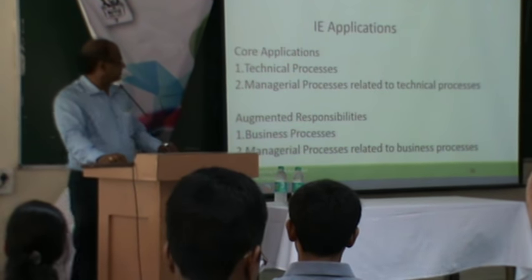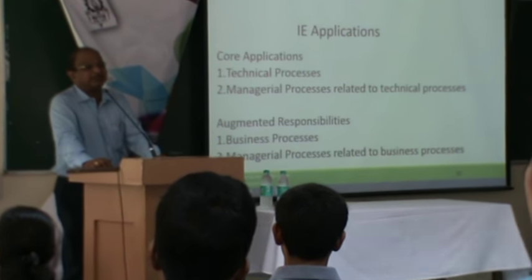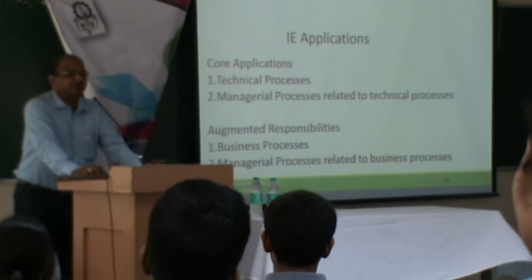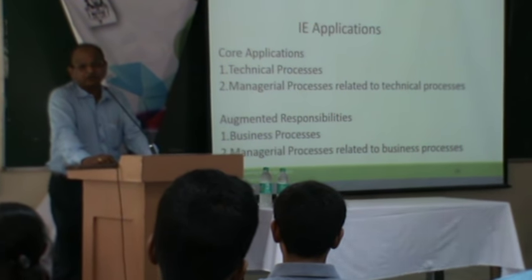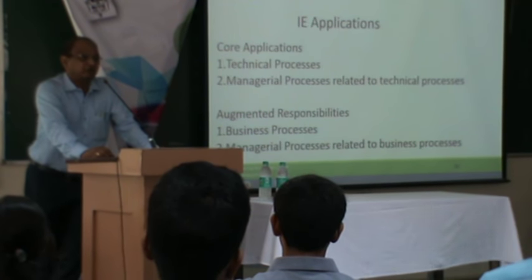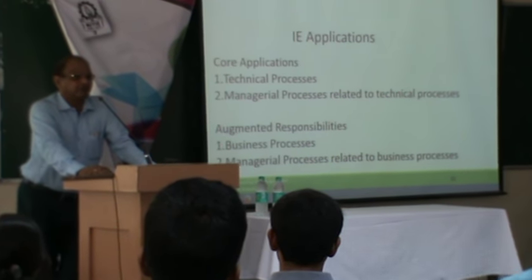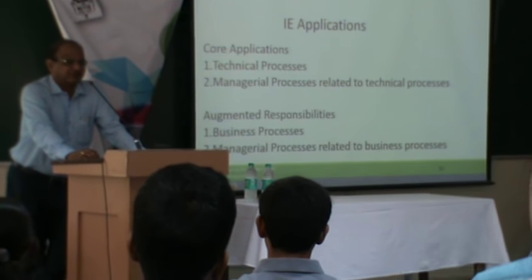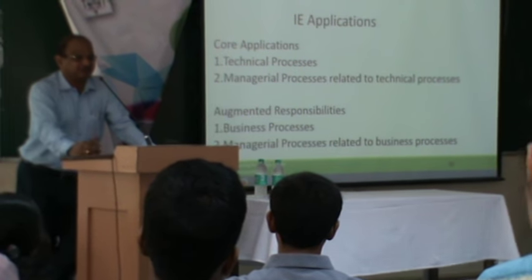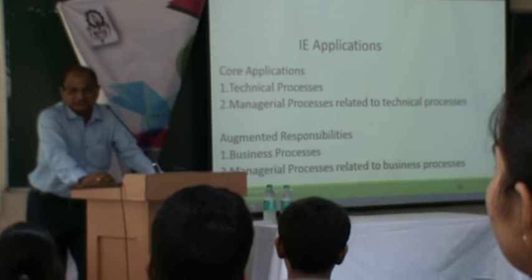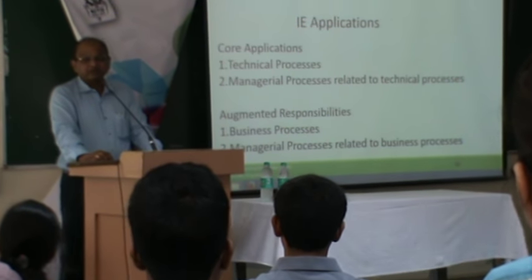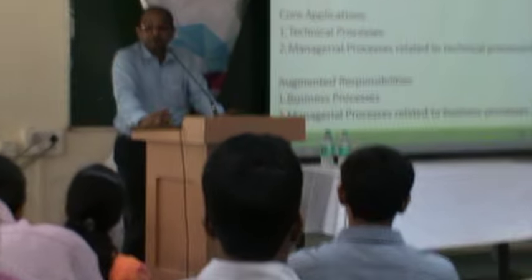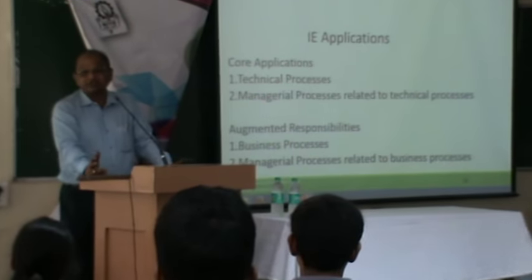The second thing is there is a managerial process used to manage this technical process. Right? The technical process requires a managerial process, management of design, management of production, management of inspection. Everything has got a process. Now that process needs to be investigated because it may be the reason for the low productivity.